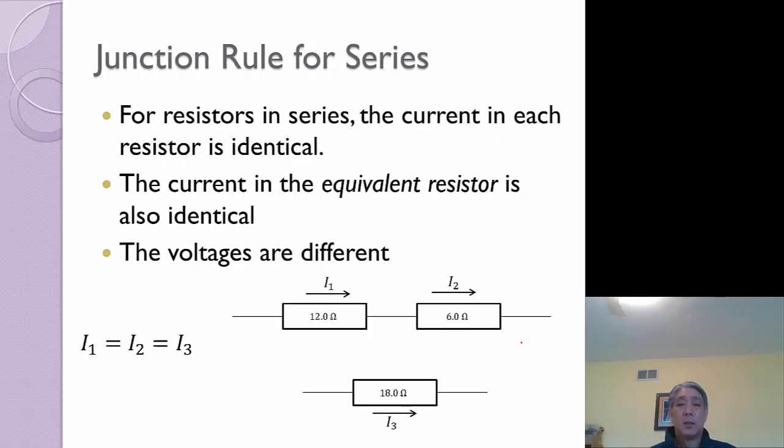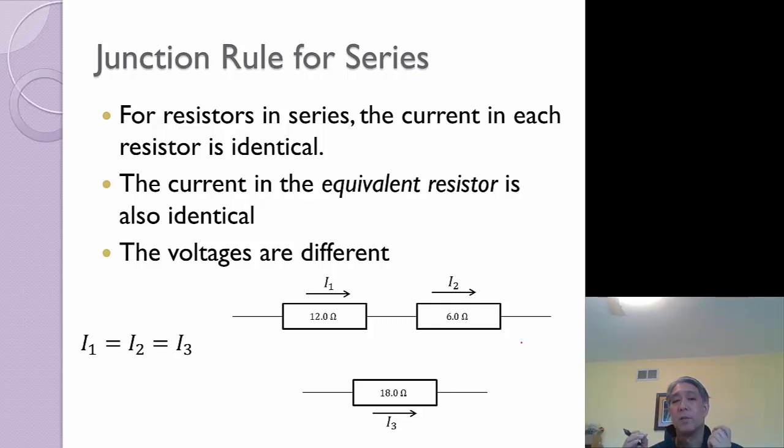So how do I apply that to resistors in series? For resistors in series, the current in each resistor is identical. In the picture on the bottom, the 12 ohm and the 6 ohm resistor are my original circuit. I have an electron coming in through one side, and it must leave through the other side.